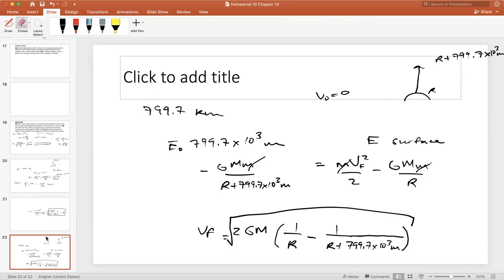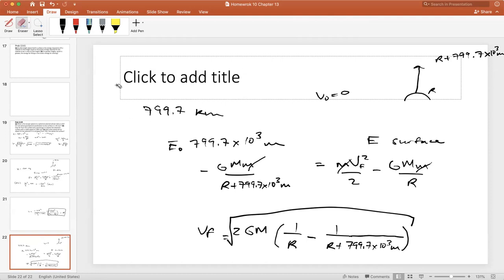And V final is actually in the direction of the planet. It's not rotating around. It's being gravitationally attracted, but it's not orbiting. When you escape, you're not talking about orbit, you're talking about escape velocity away from the center of mass, okay?